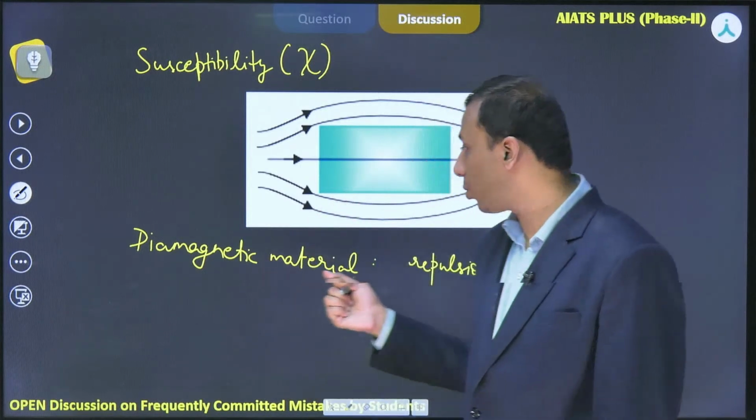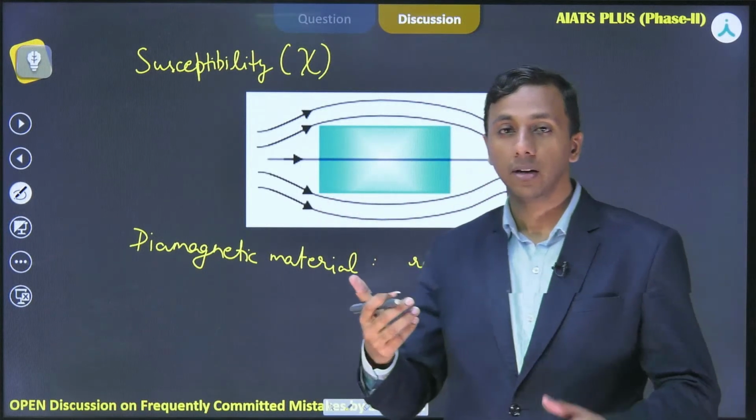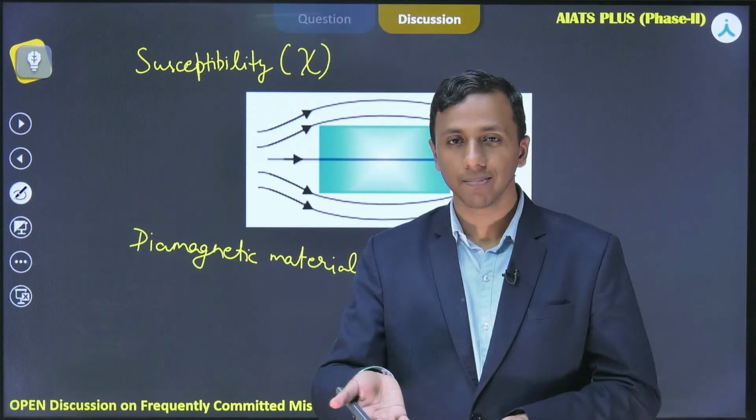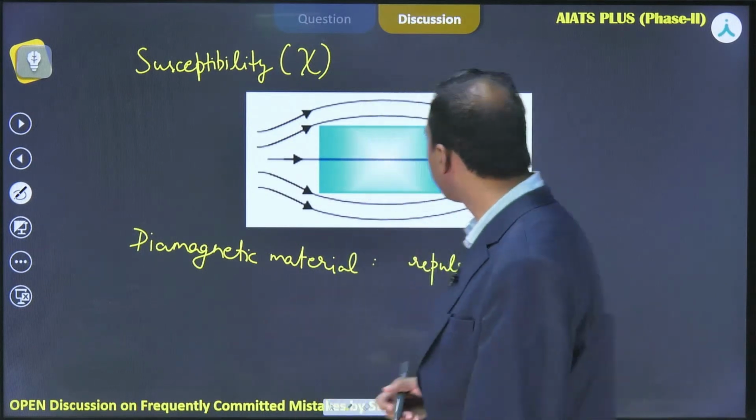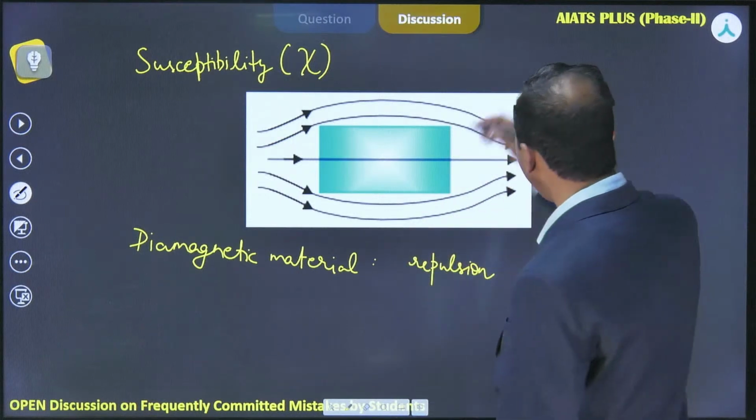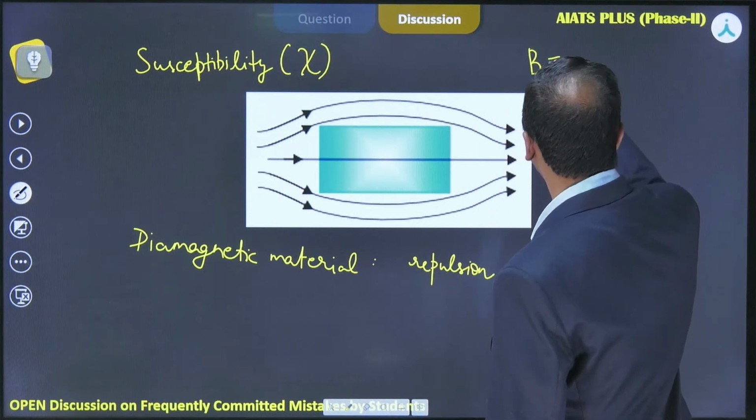But here, I just told you that the diamagnetic material is not going to support, it's going to repel. So if you go back to last time, what was the magnetic field we wrote?